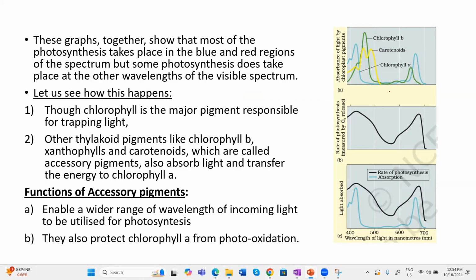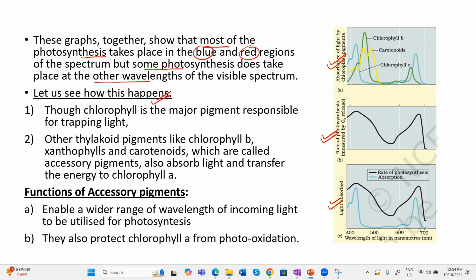So if we study the graph, all three graphs together, in the previous slides I have shown you separately. Now this is for absorption spectrum, this is for action spectrum, and this we are doing the comparison. So when we study, we find that most of the photosynthesis takes place in blue light and in red light. But some photosynthesis takes place at other wavelengths also.